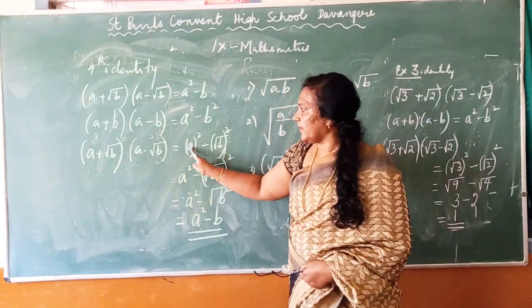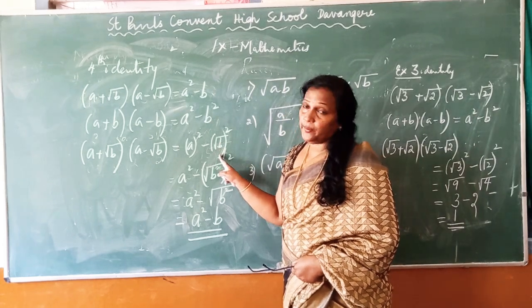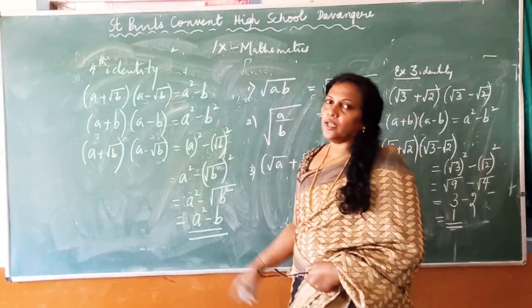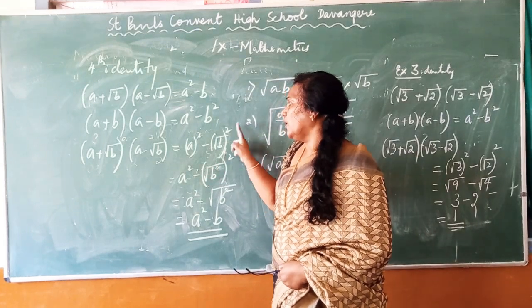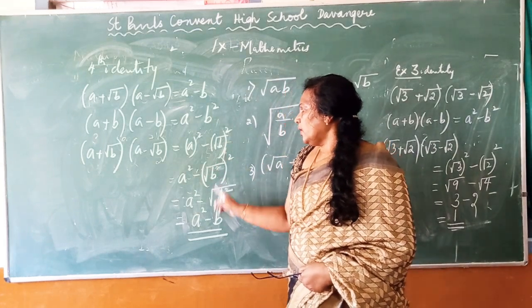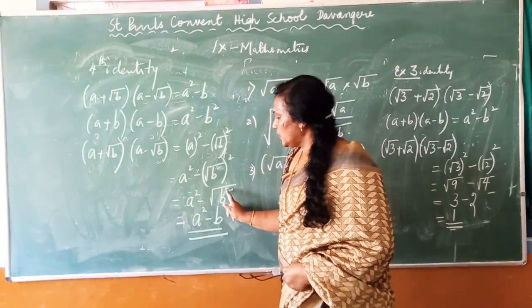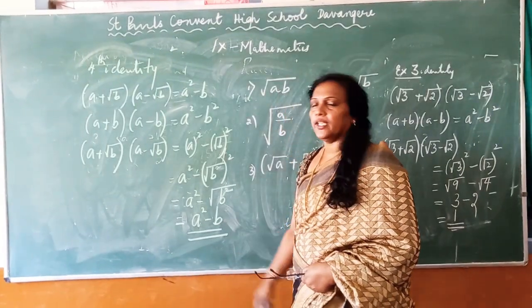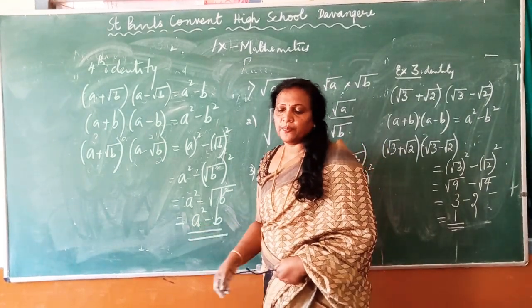So in the place of b I have to write root b whole square. A into a is a square, root b whole square means root b into root b. So the 2 and the root cancel and what we get is b. So it is nothing but a square minus b.